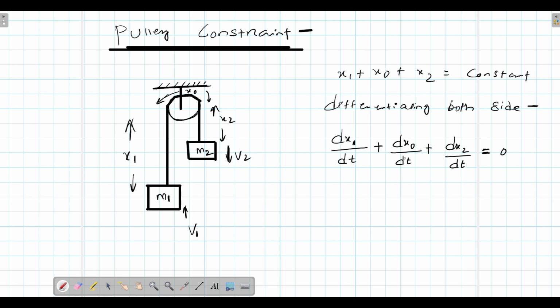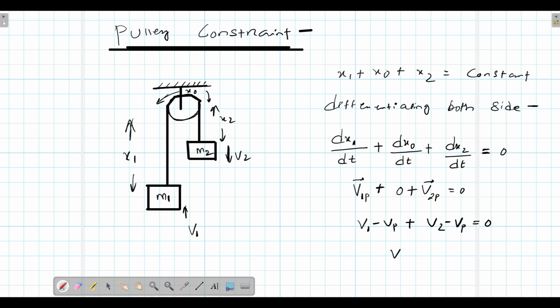So dx1 by dt equals to v1 with respect to p, dx naught by dt is also 0, dx2 by dt is v2p, equals to 0. v1p equals to v1 minus vp, v2p equals to v2 minus vp equals to 0.